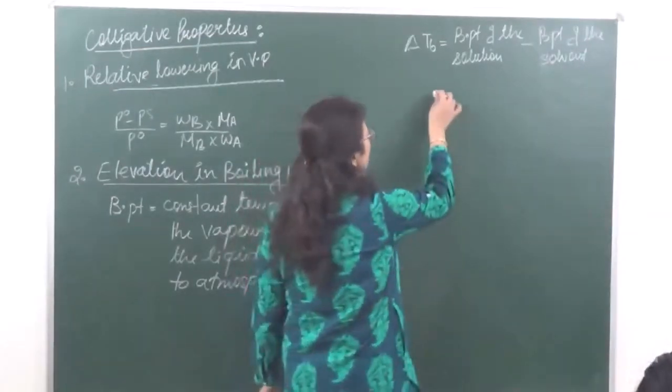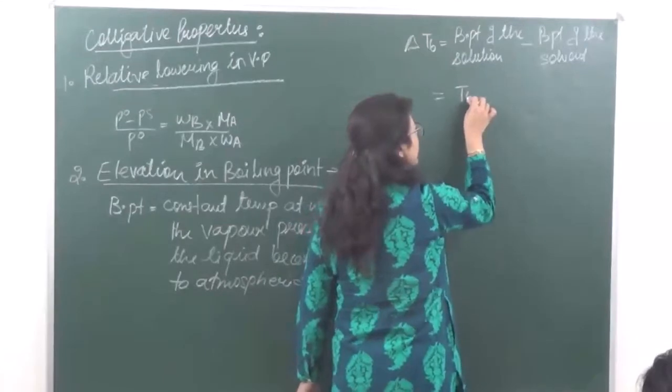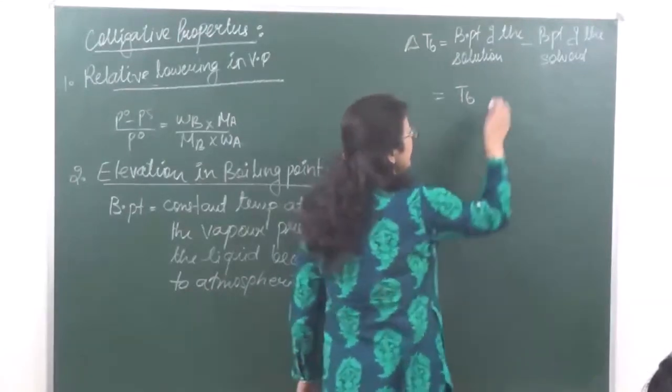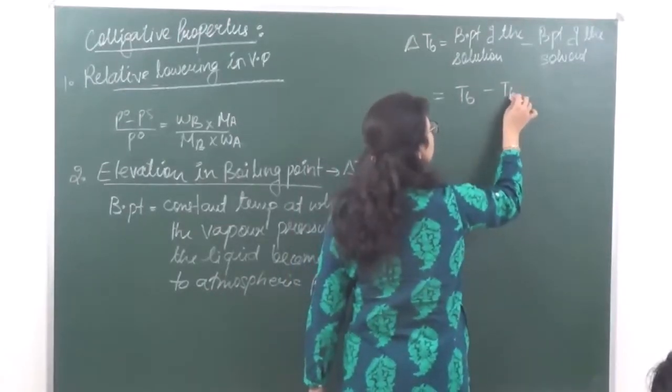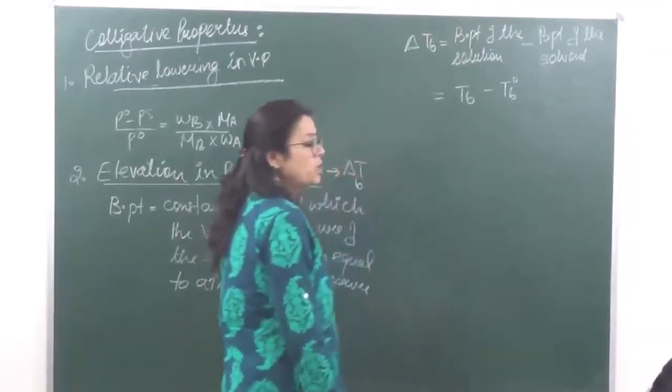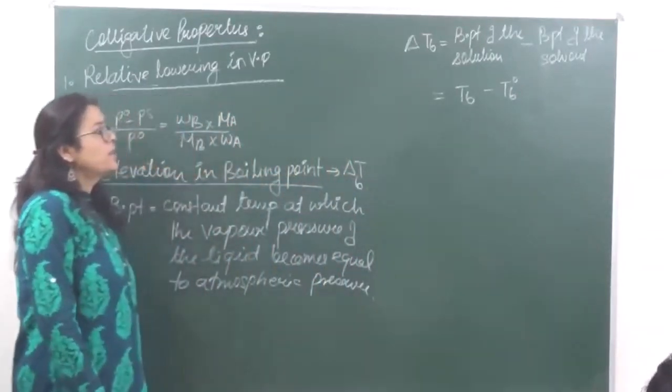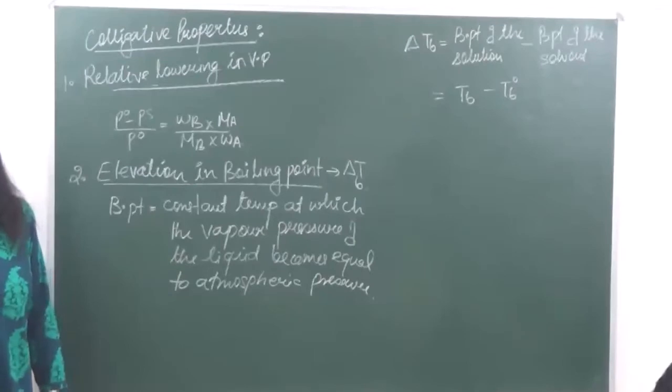Okay, if the boiling point of the solution is taken as Tb and the boiling point of the solvent is represented as Tb naught, then delta Tb will be represented as Tb minus Tb naught, right?